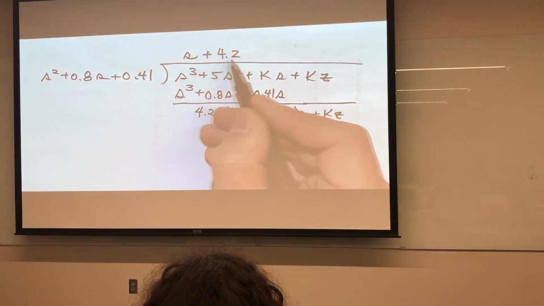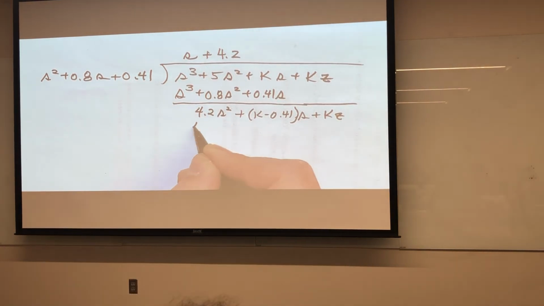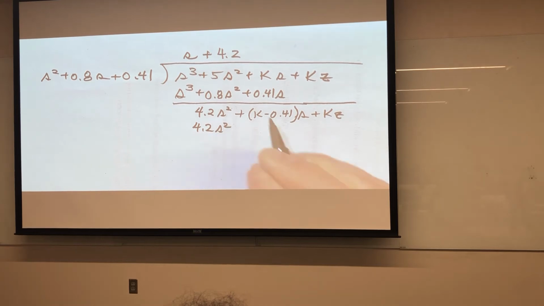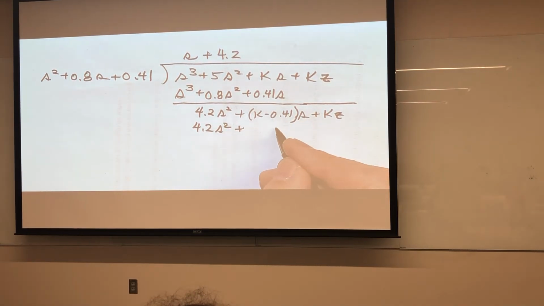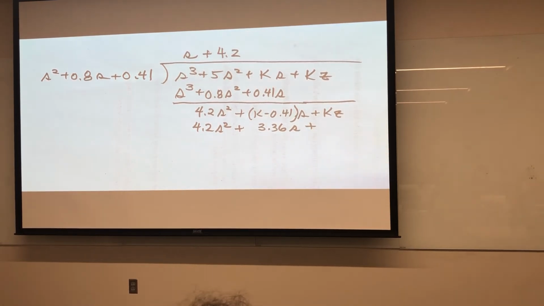So now 4.2 multiplies this, and I get 4.2 s squared plus 0.8 times 4.2, which is 3.36 s. And then I had to multiply 0.41 and 4.2.